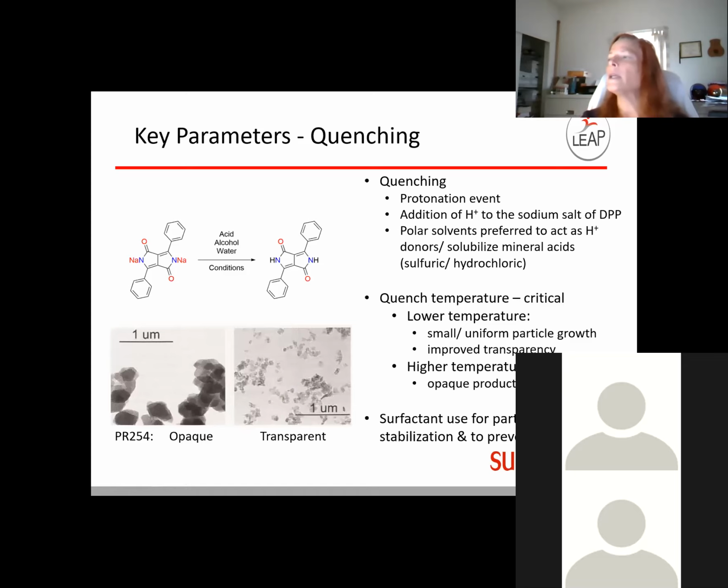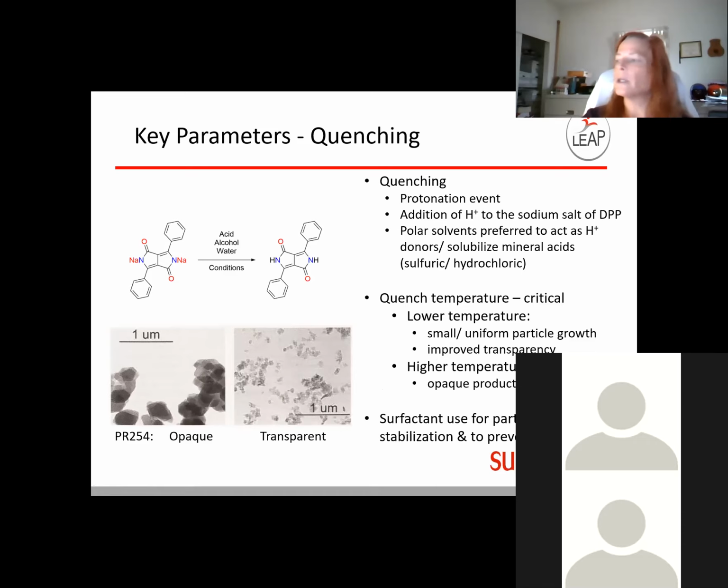The key area here is the temperature of that quenching. When the temperature is lower, this will provide a smaller, more uniform particle size growth, which is helpful for the transparent versions.